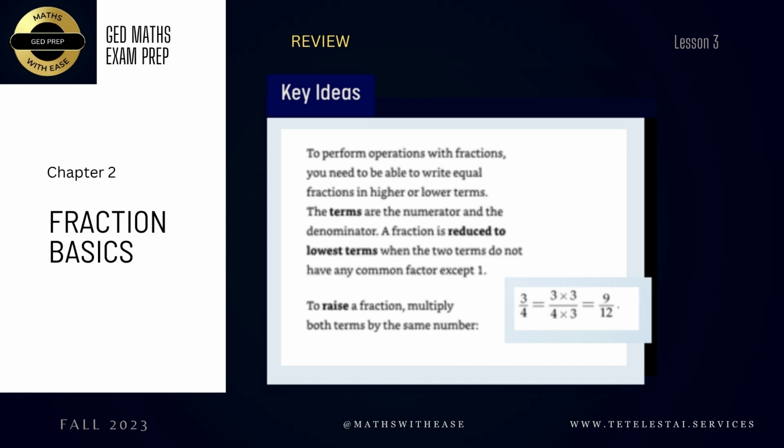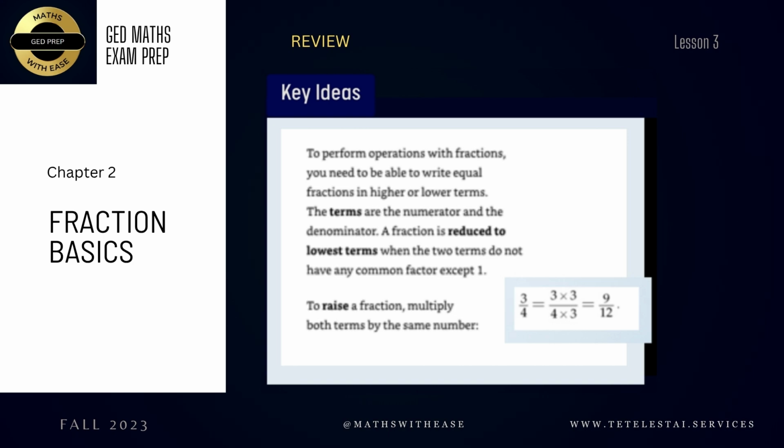Okay, so I guess the key thing to keep in mind is that when you're raising a fraction, you're doing so in such a way that when you reduce the end quantity, it should always reflect the original number. So when you reduce this by 3, 3 goes into 9 3 times, 3 goes into 12 4 times, you're back at your original number.